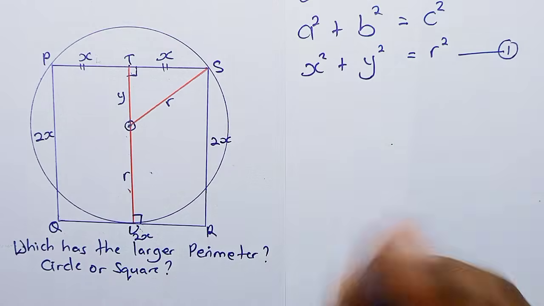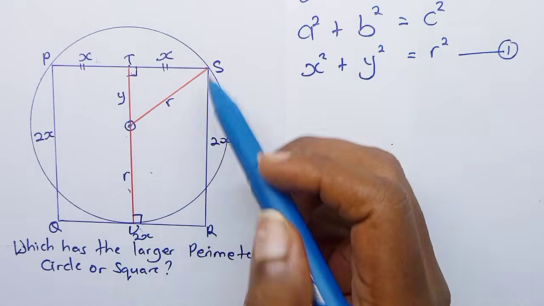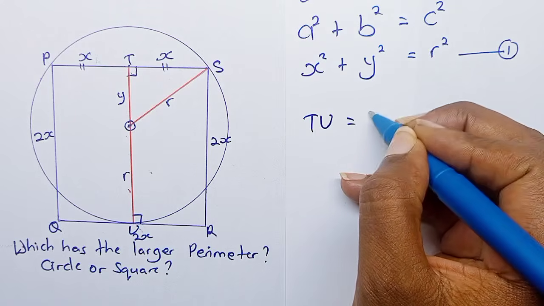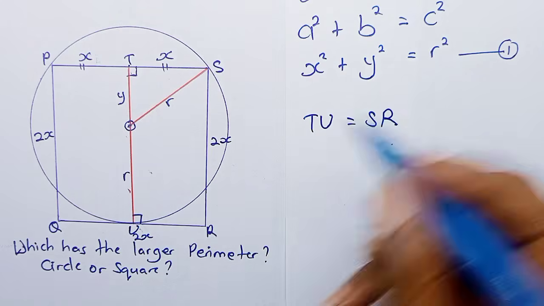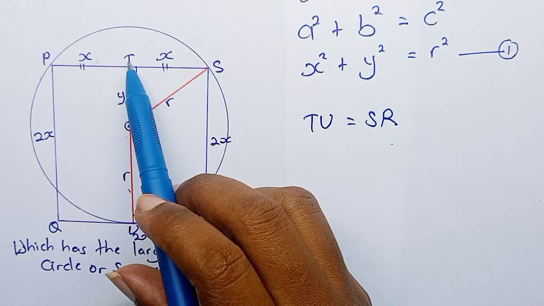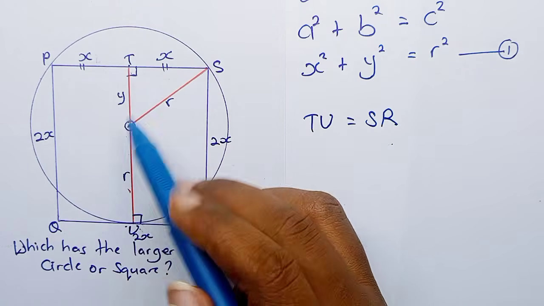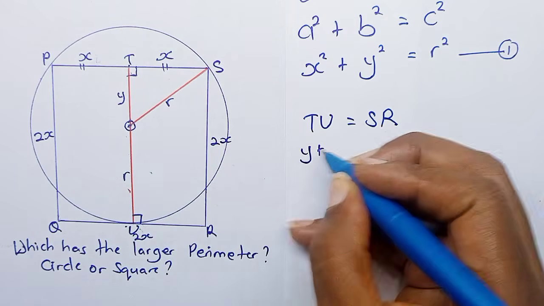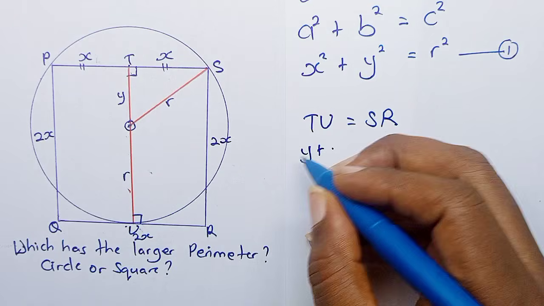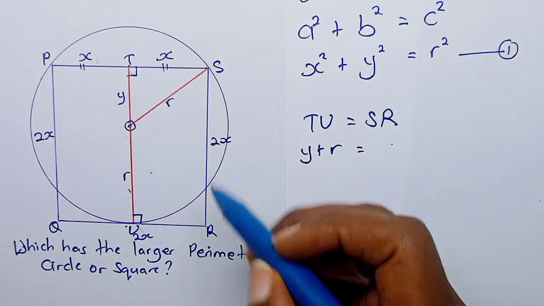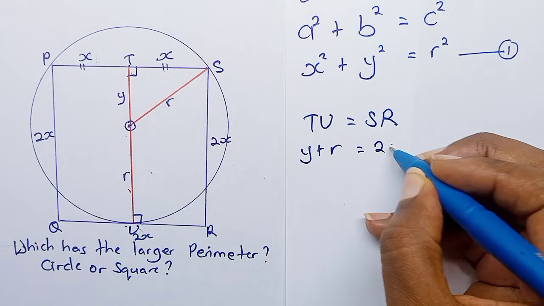Now, since TU is equal to SR, TU is TO plus OU, and TO is Y, so Y plus OU, which is R, is equal to SR, which is 2X.